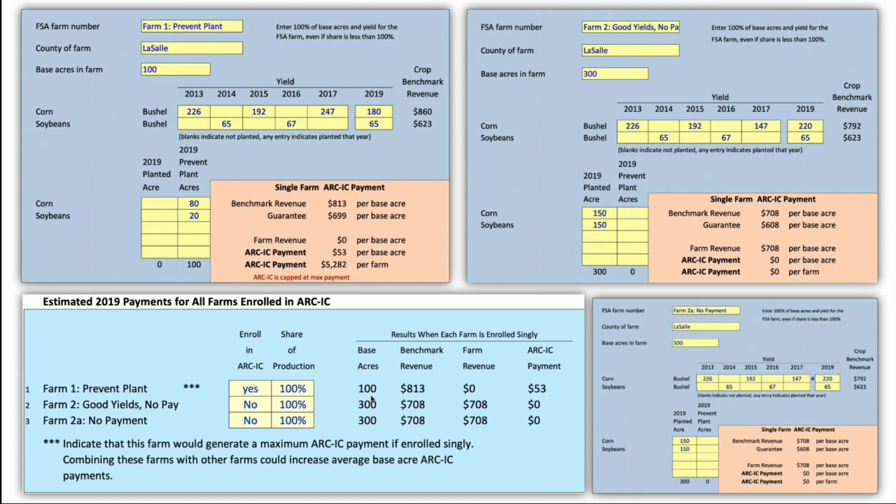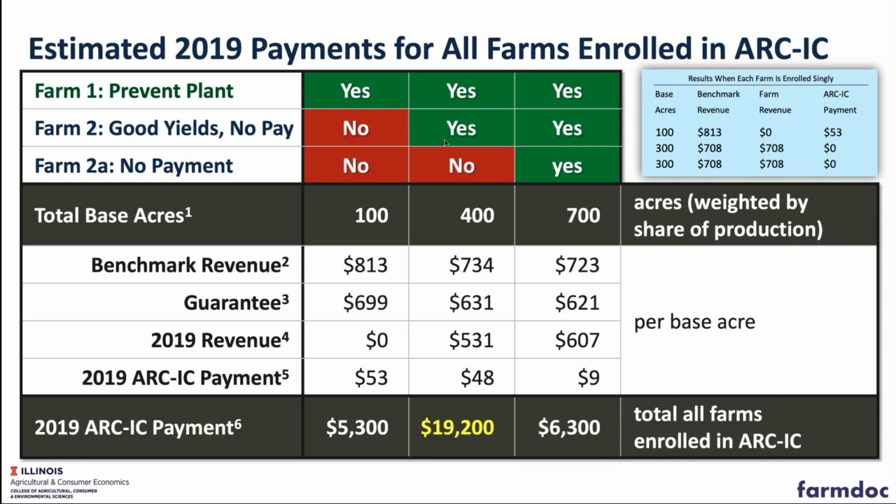All right. Let's add the second farm here. Good yields, no payment. What happens here is the benchmark revenue is averaged across those farms. Also, the guarantee is averaged across those farms.